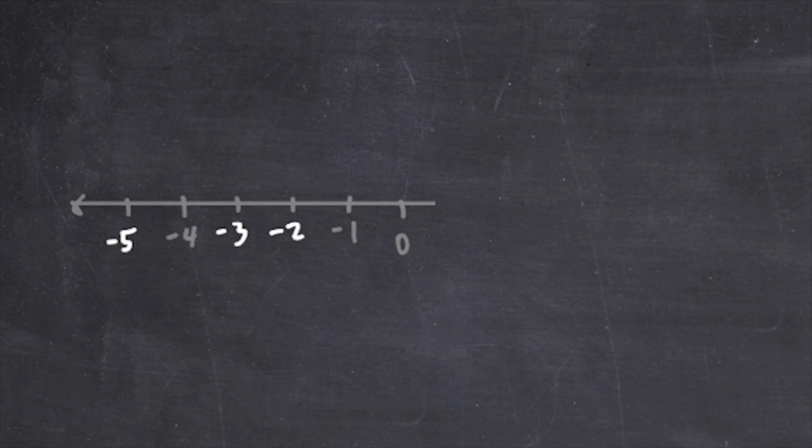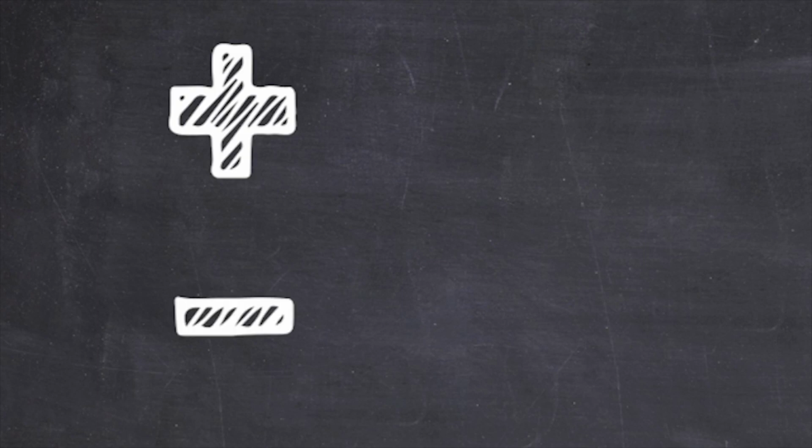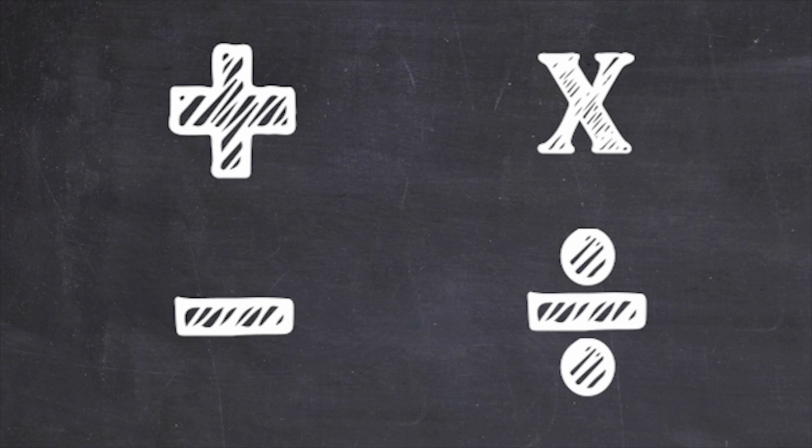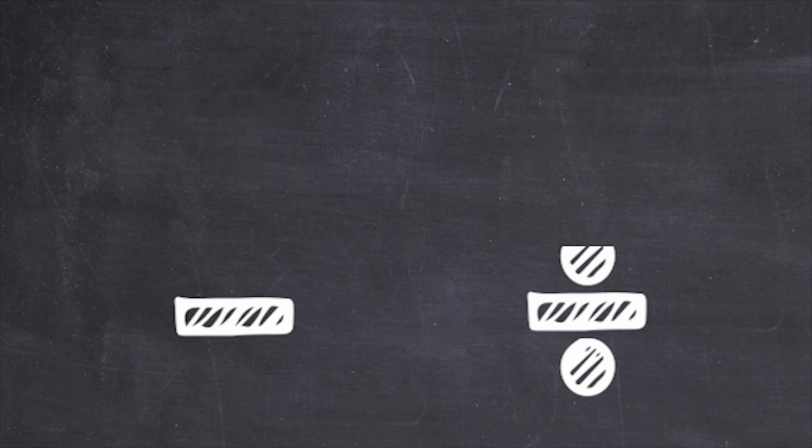So what can we do with integers? Remember all the operations you learned in the past, like addition, subtraction, multiplication, and division? Well, we can do all of these operations with integers. Before we learn how to do these, though, we need to talk about absolute value first.